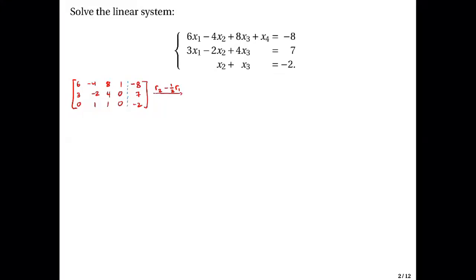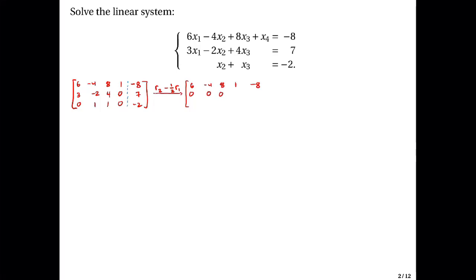And then we'll just copy the other rows. So for row 1, we'll just have 6, negative 4, 8, 1, and then negative 8. For row 2, we will have 3 minus 1/2 of 6, so 3 minus 3, that will be 0. Then negative 2 minus 1/2 of negative 4, so negative 2 plus 2, that becomes 0. Here, 4 minus 1/2 of 8, that's 4 minus 4, again 0.